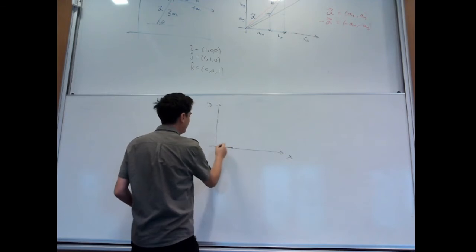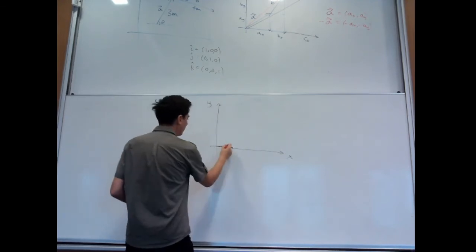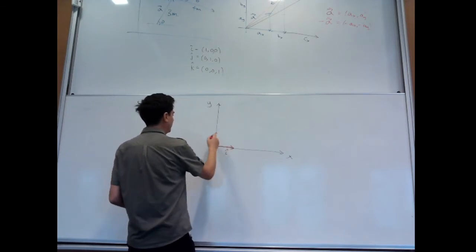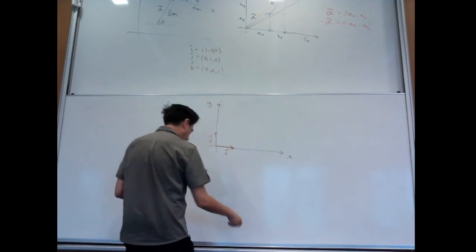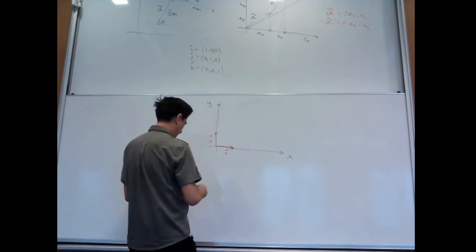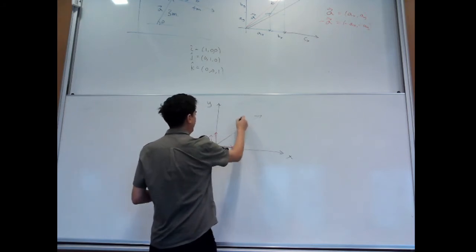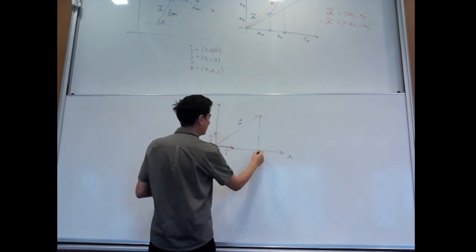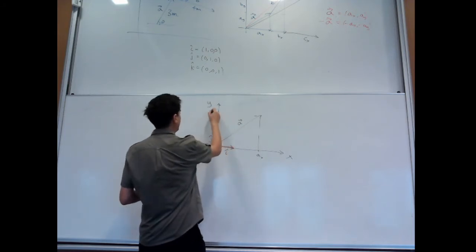What we just defined were these unit vectors. Here's our unit vector i, here's our unit vector j. And then we have some arbitrary vector A, and it has the components, coordinates if you like, AX and AY.